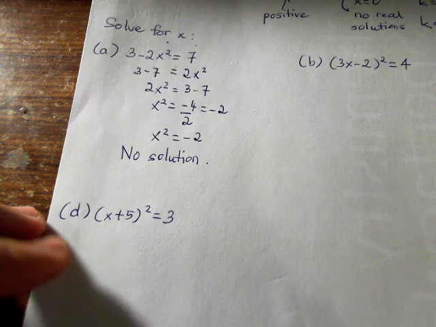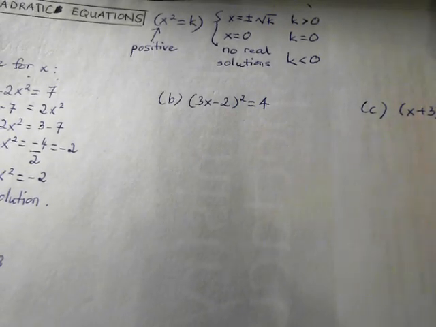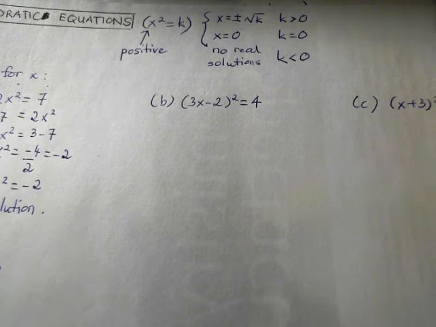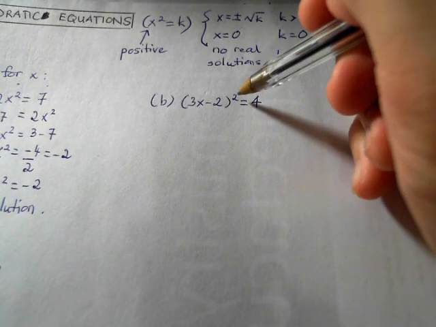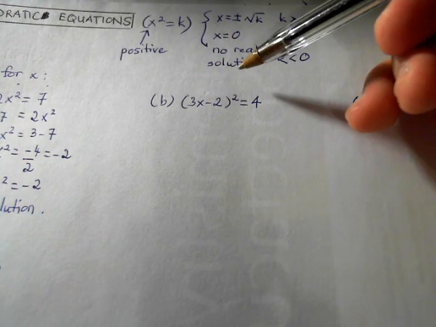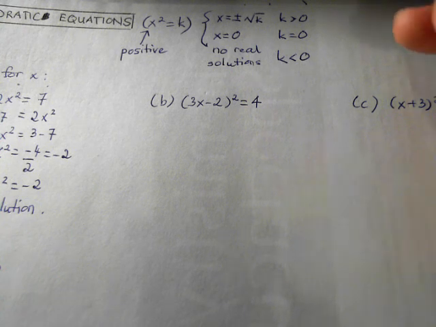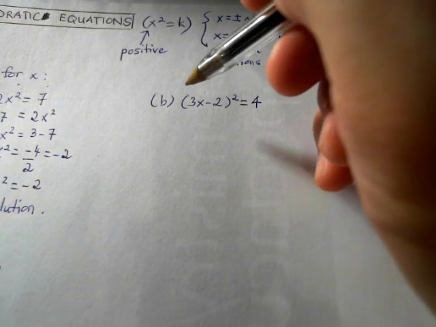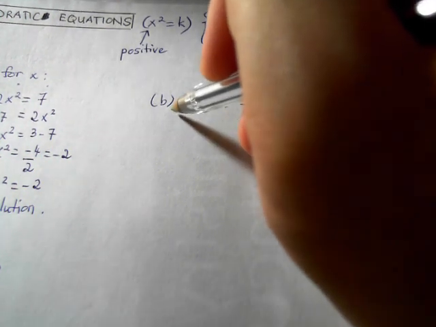Moving on with part B, we are given 3x minus 2 squared equals 4. We notice that there is a square and also the bracket that contains the 3x minus 2 expression. If we have a problem like this, all we need to do is square root both sides.